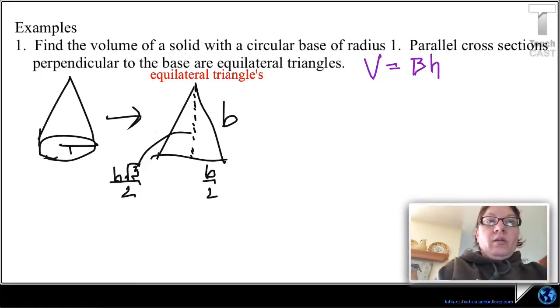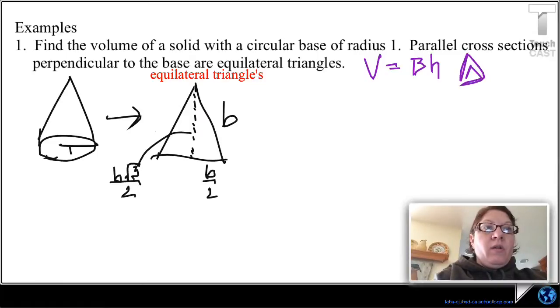Now, if you go back and look at the picture of the circular base with the triangular cross sections, think of this as a whole bunch of triangular slices, going from a little tiny slice and then progressively getting bigger as we go across the circle, and then getting smaller again on the other side.